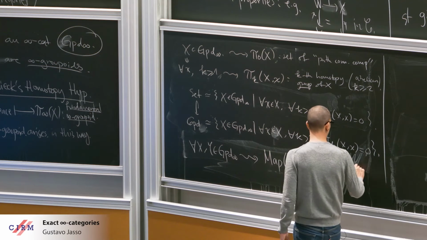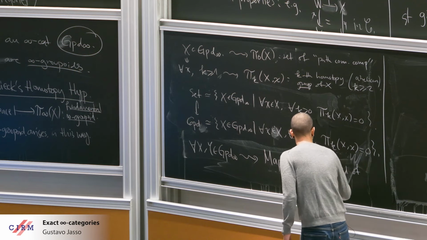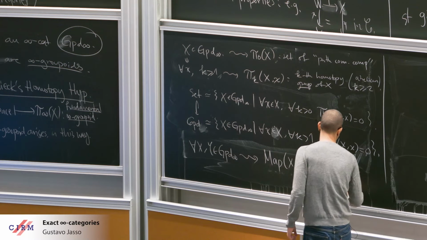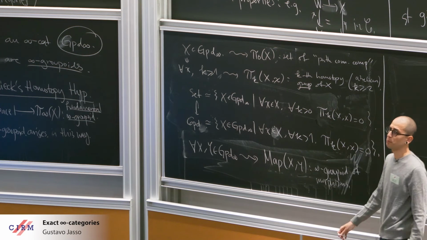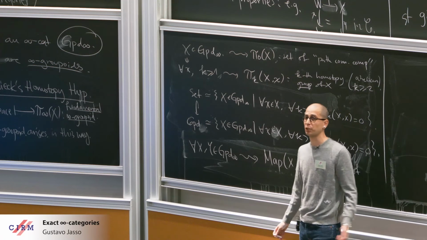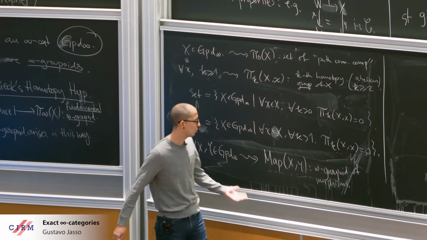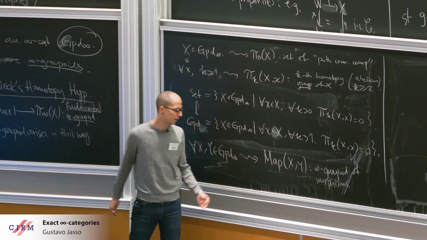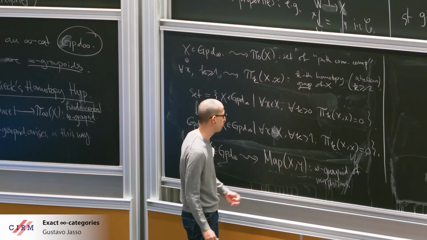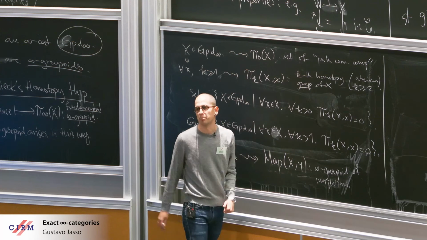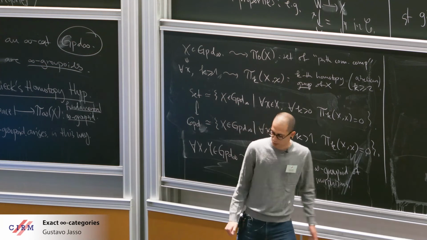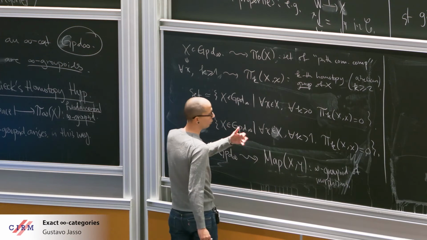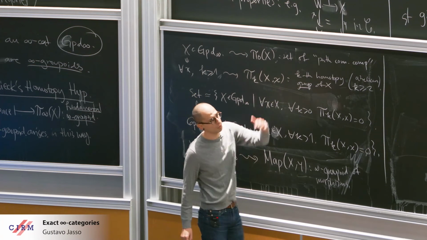And it satisfies, for example, the Currying adjunction with respect to the Cartesian product. So it behaves as you would expect. And also, it is suitably functorial in X and Y, just as the set of maps in an ordinary category.